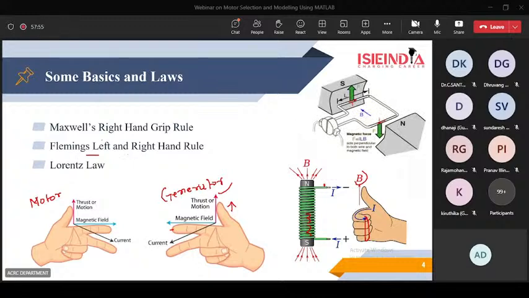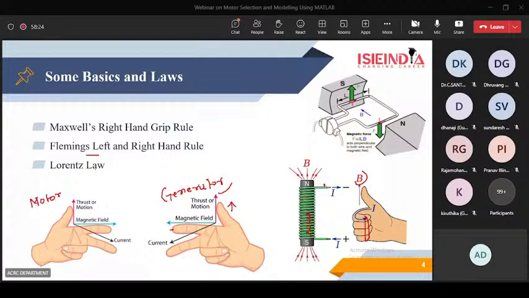Now we will be talking about the Lorentz force. Through these basic laws, we got to know the direction of the current as well as the direction of the motion. Now, what will be the magnitude of that force, by what force the conductor or the rotor will start rotating?